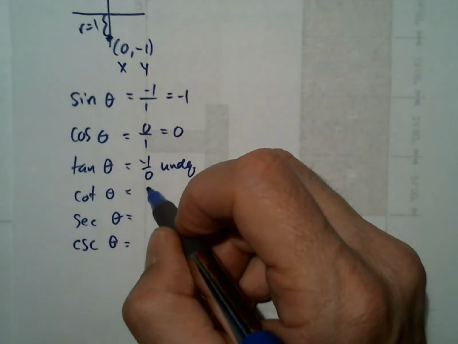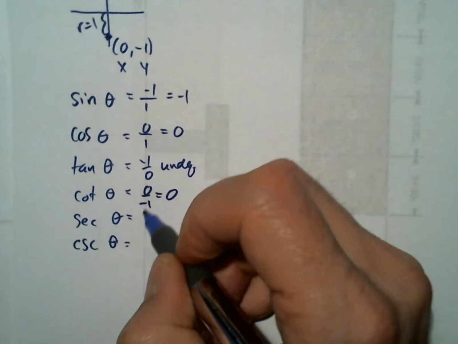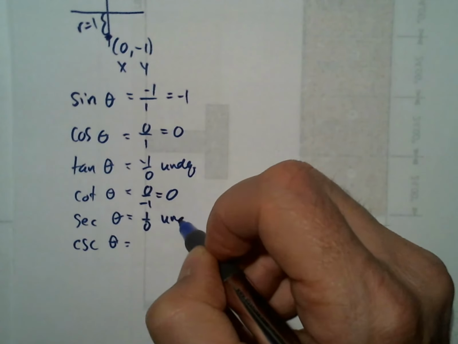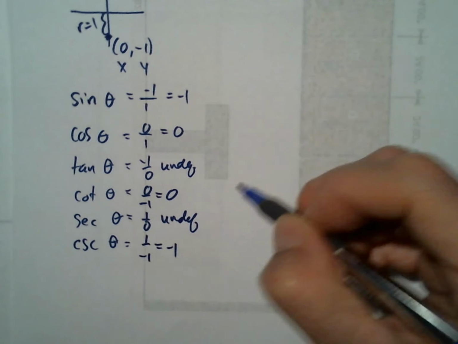Cotangent, the reciprocal of that, would be 0 over negative 1. Secant, reciprocal of that, is undefined, and cosecant is the reciprocal, negative 1.